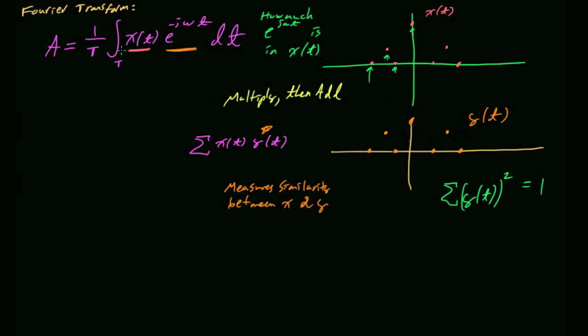Now, this is a periodic signal, so by definition I only integrate over one period, and then I normalize by the period. Holy cow, what a mess. Is that convolution? No, it's close. It smells convolution-ish, but convolution's worse.